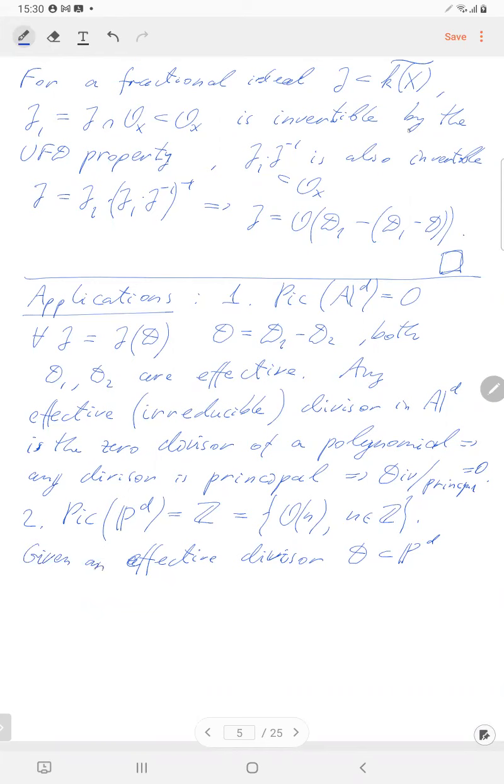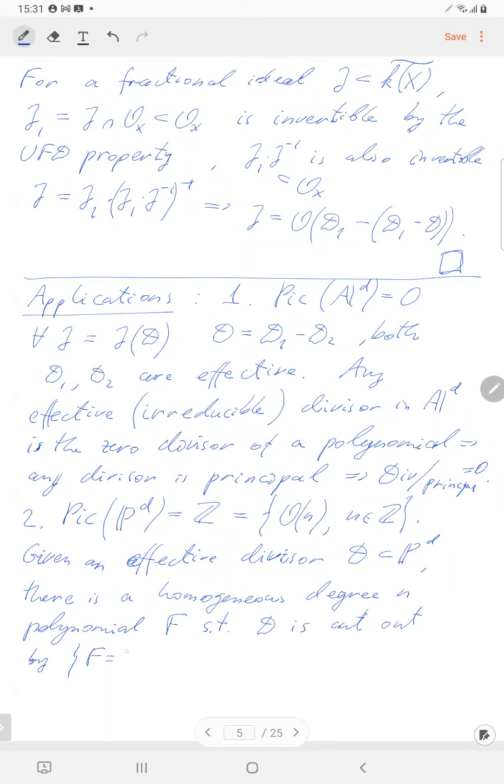Given an effective divisor, there is a homogeneous degree n polynomial, capital F, such that this D is cut out by the equation F equals 0.